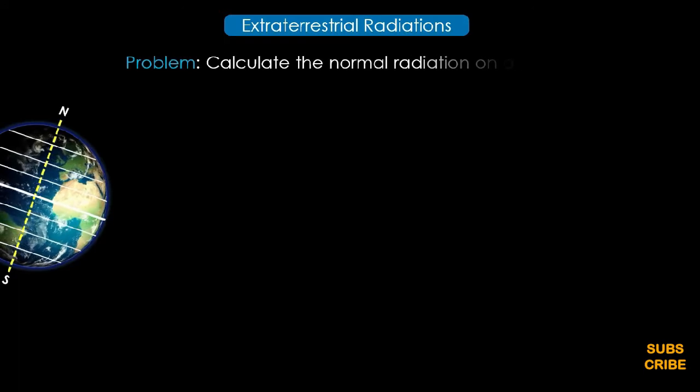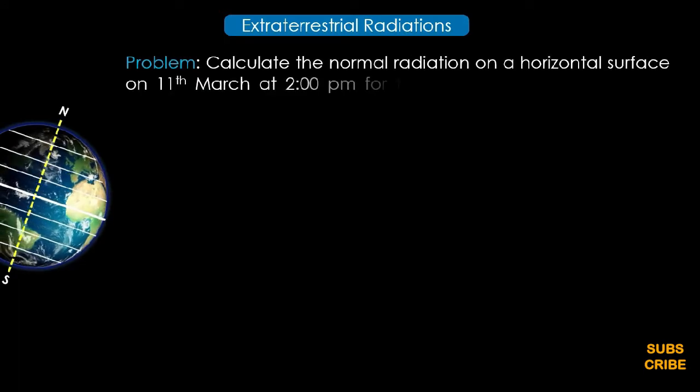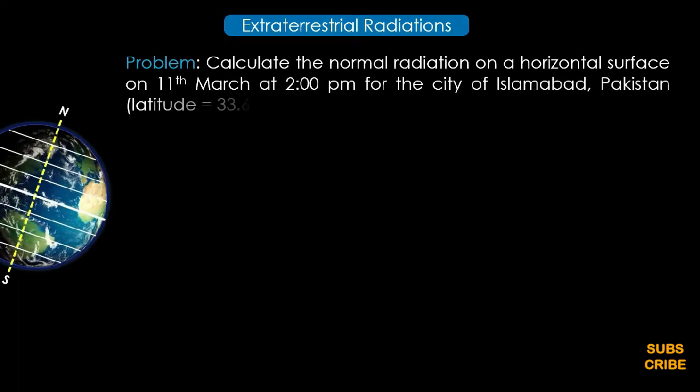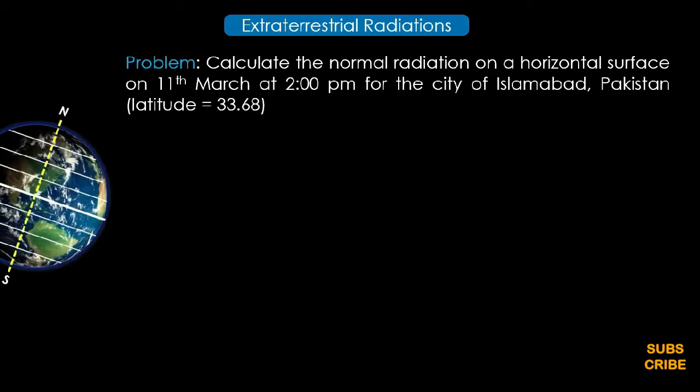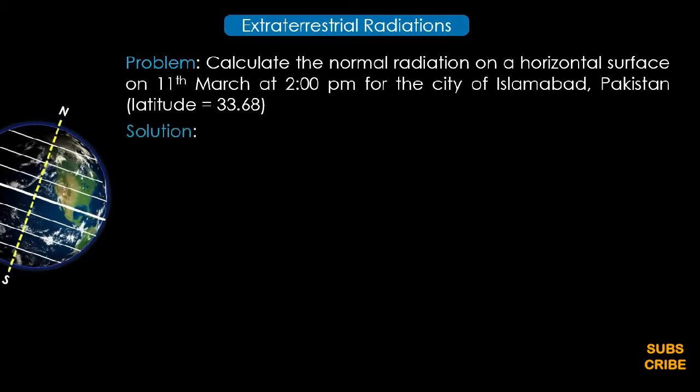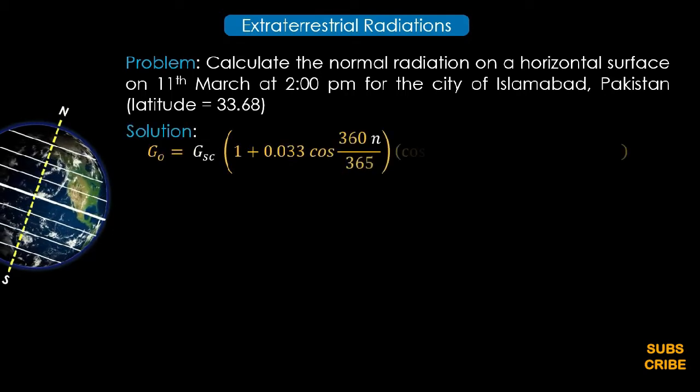Now let's calculate the normal radiation on a horizontal surface on 11th March at 2 p.m. for the city of Islamabad, Pakistan. The latitude of Islamabad is 33.68. So we have to calculate the value of irradiance using this expression.